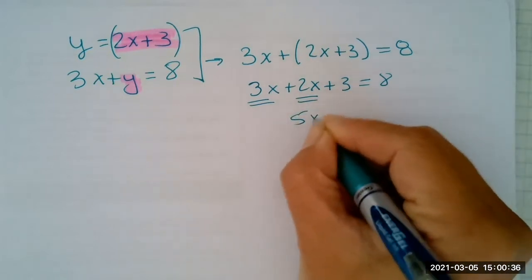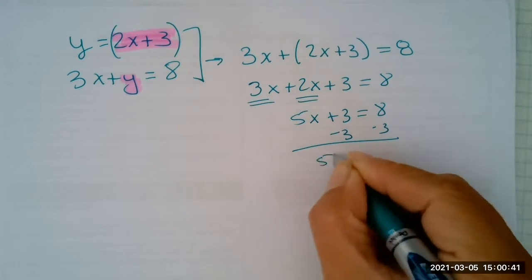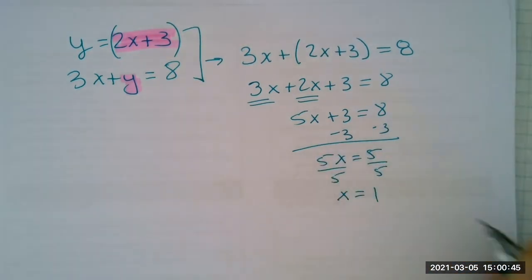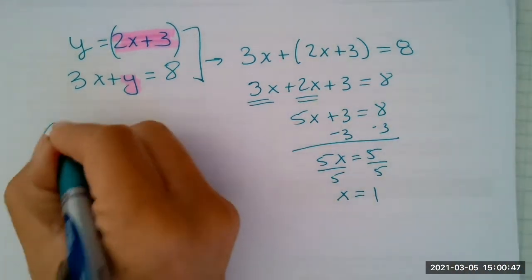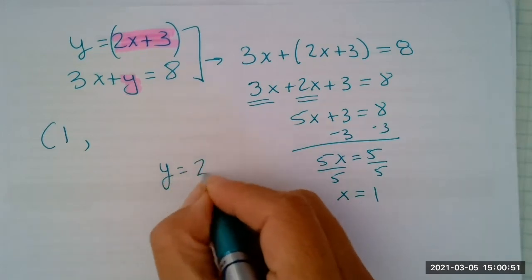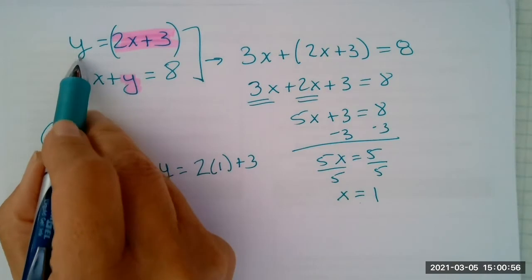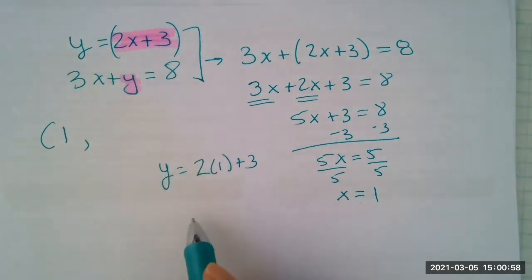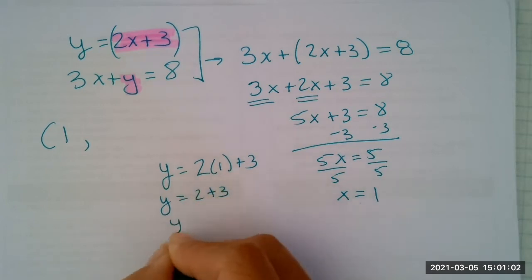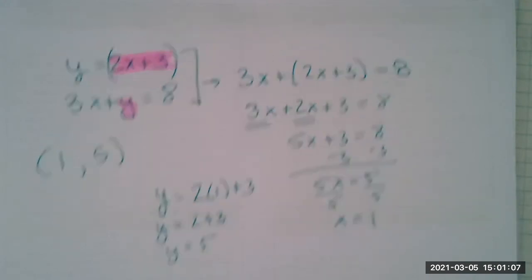So that's just 5x minus 3x equals 1. So that's going to be my first number. Now I'm going to replace it into one of the original equations. It doesn't matter which one, but since I want y, and this already says y equals, I'm going to choose the top one. So that's going to be 5. Check.